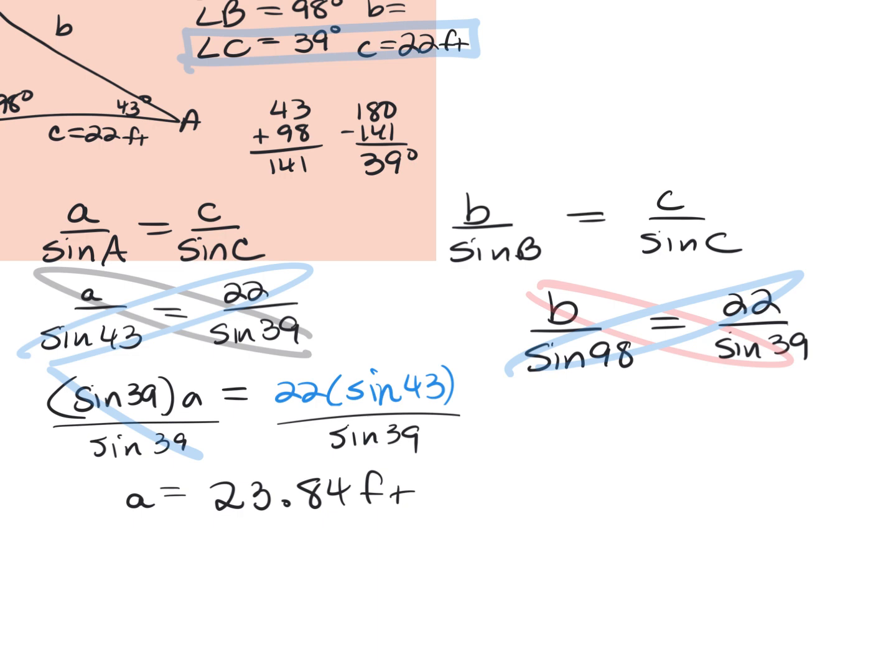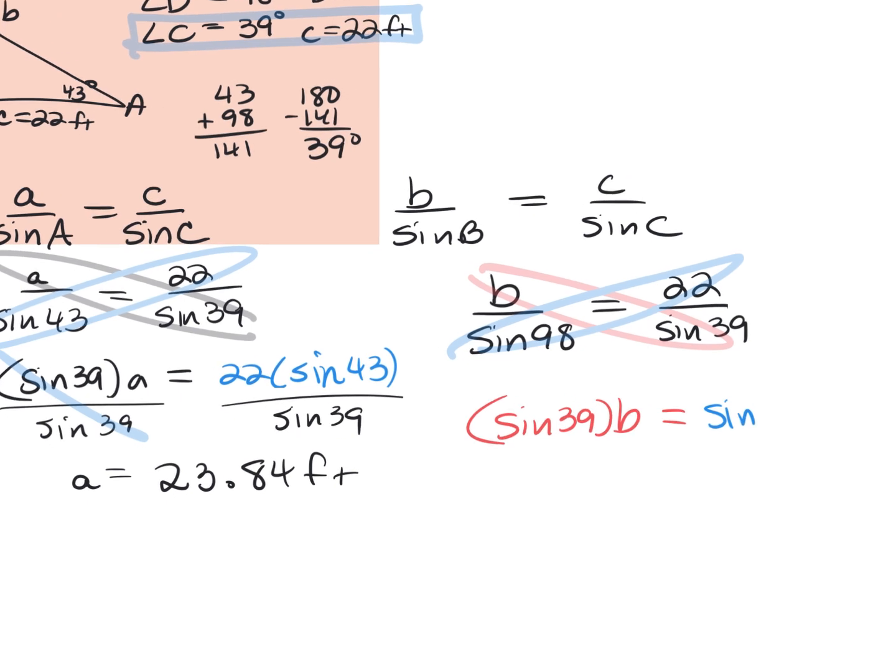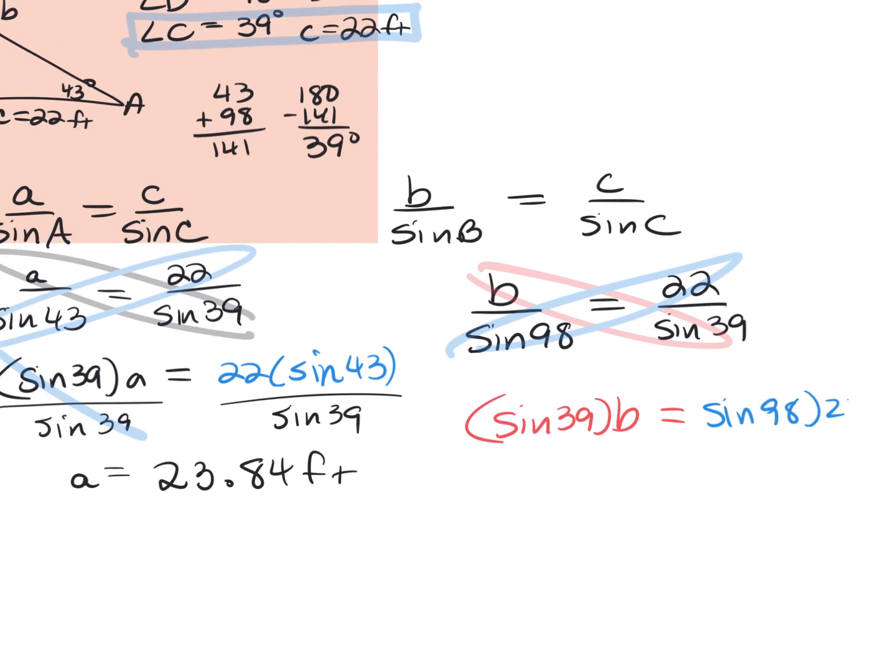So sine of 39 times B equals 22 times the sine of 98. It doesn't matter if you put the 22 first or the 98. You're just multiplying it, and now divide both sides by the sine of 39 to get B by itself.